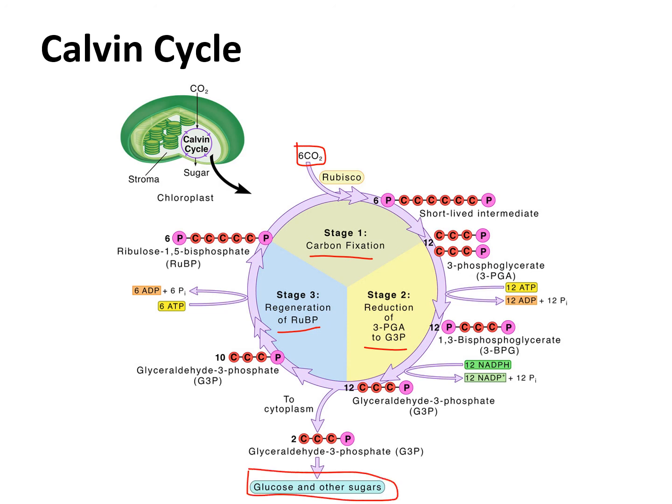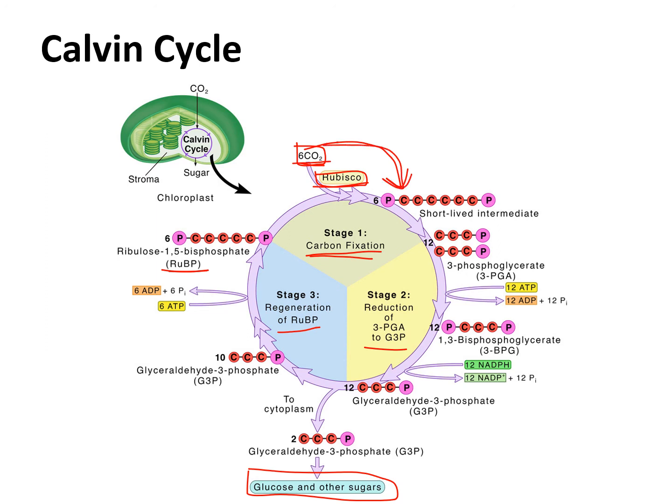The first stage is carbon fixation, which basically means getting the carbon in carbon dioxide into an organic molecule. To do this, you need the enzyme Rubisco, also known as RuBP carboxylase. The organic molecule that carbon dioxide is going to be attached to is called RuBP. So Rubisco is going to take the RuBP and the carbon dioxide and attach them together.